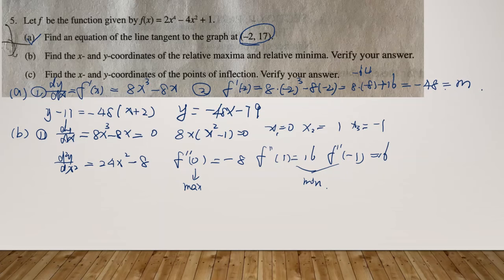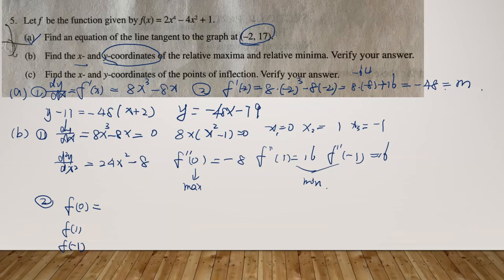But they require us to find the x and y coordinates, and we only know the x coordinates. So now we just plug them back into the original equation: f of 0, f of 1, f of -1.